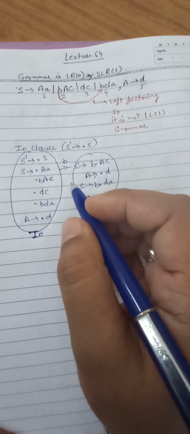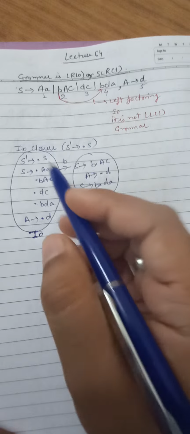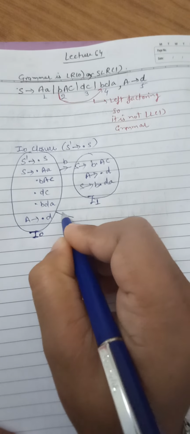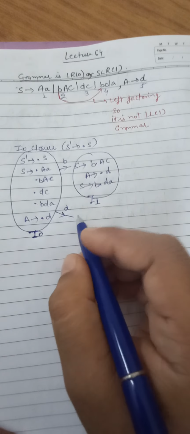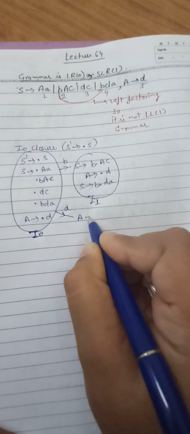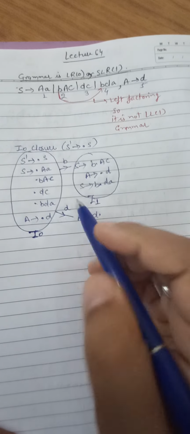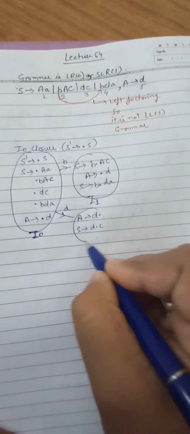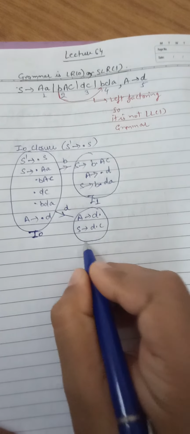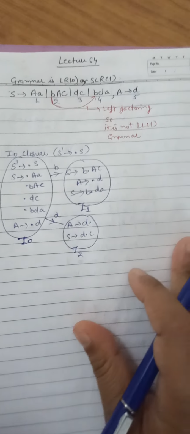So now we will see another one for D transition. We are seeing only for terminals. So for D, A tends to D dot and S tends to D dot C. So this is I2.